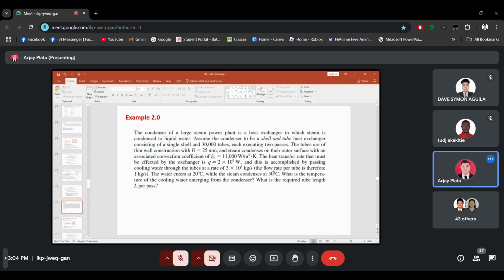So let's solve. By the way, HO is already given. To calculate the value of U, it's 1 over HO plus 1 over HI. So we only need the value of HI because HO is already given in the problem.